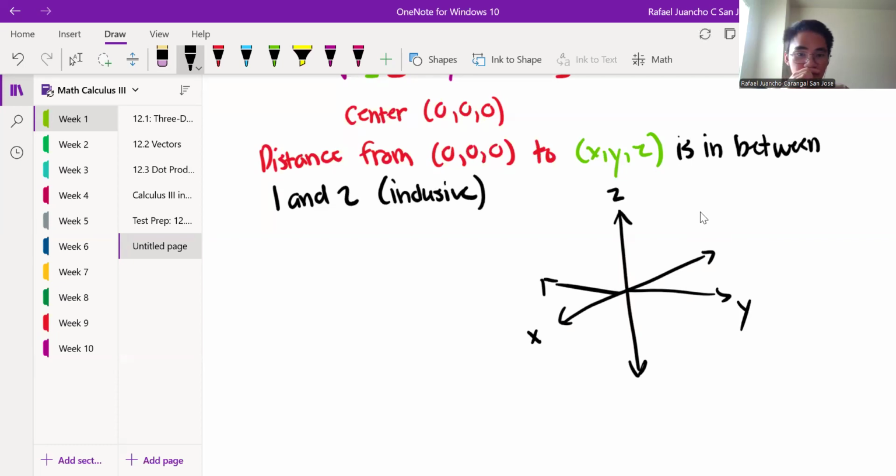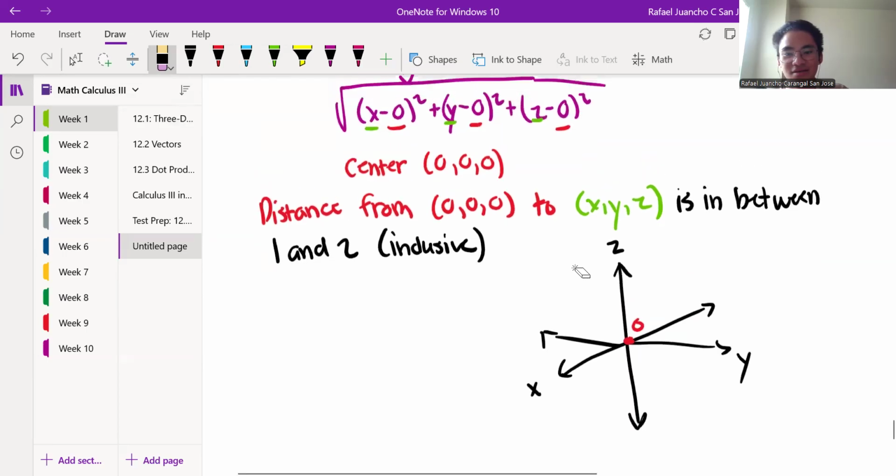X, Y, Z. If z is less than or equal to 0, we're only looking at points here and under z. We're looking at planes below 0 and exactly at 0 in terms of z.